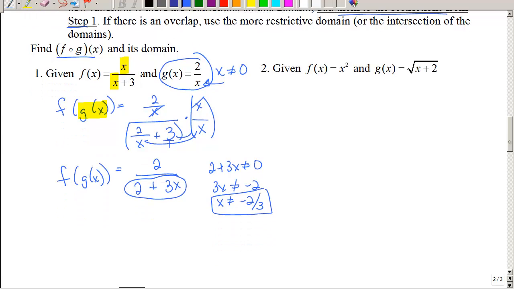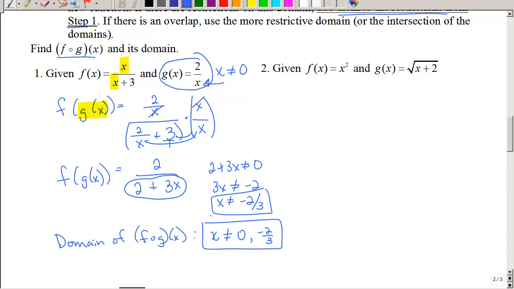So the whole domain of f of g of x is x cannot be 0, cannot be negative 2/3. And that is one way to write that answer. You can write it in interval notation, but that's just fine. That says it's all real numbers except 0 and negative 2/3.